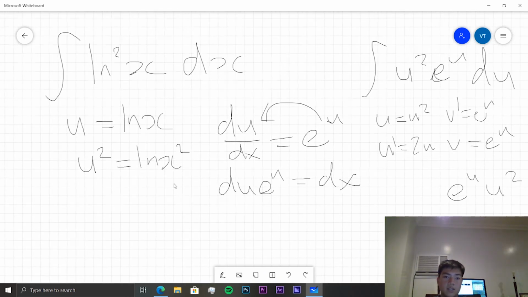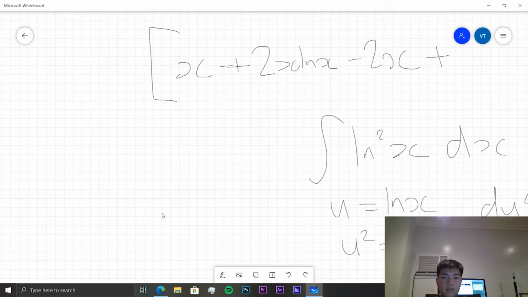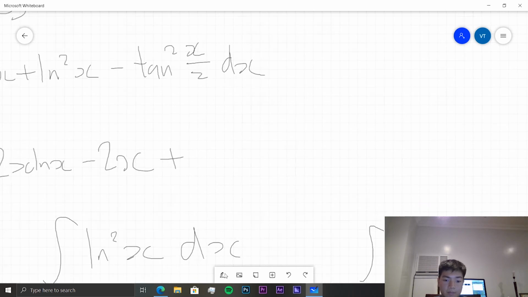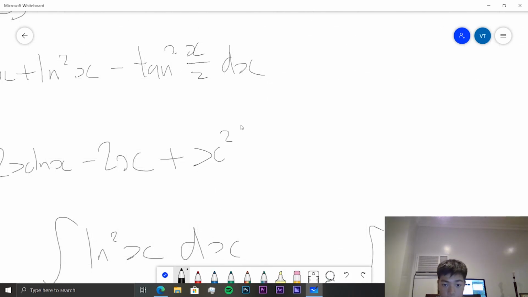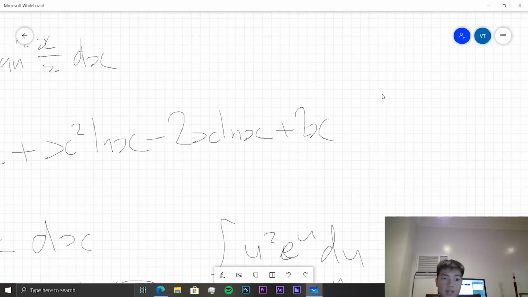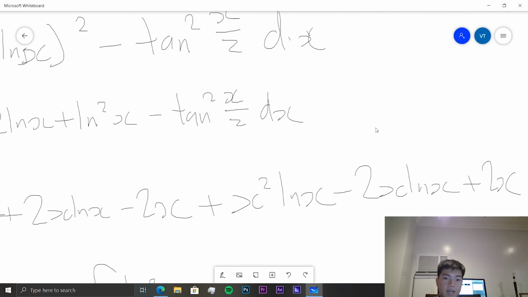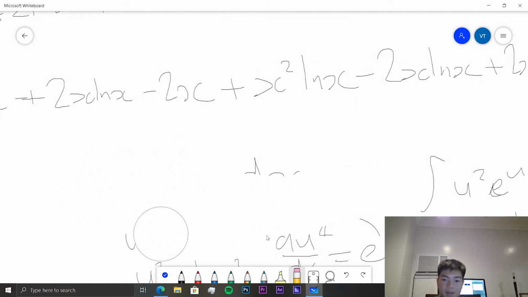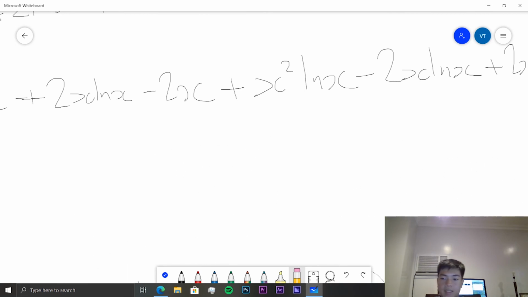Okay, interesting. So we just have to add x squared ln x minus 2x ln x plus 2x. And then now we have to integrate tan squared x over 2 dx, which is actually not that hard anymore, because that's secant squared minus 1.